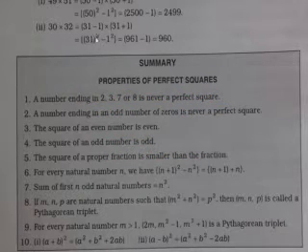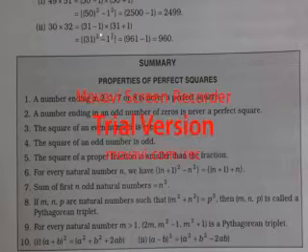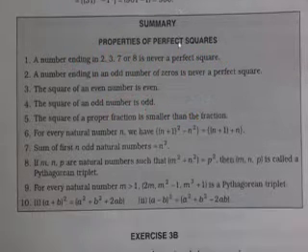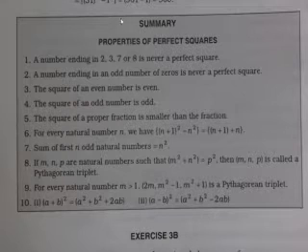So you have to multiply 31 into 31, that will become 961. Okay, and minus 1, that becomes 960. In this way you will be solving.